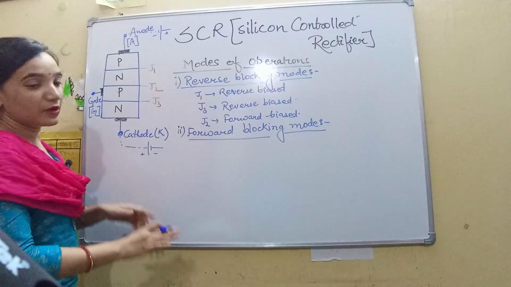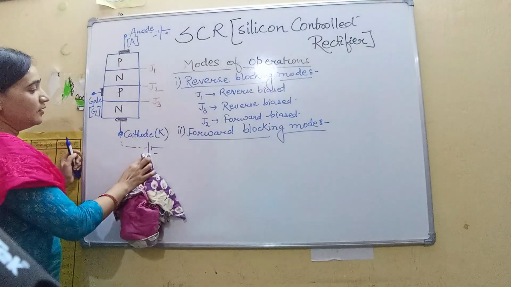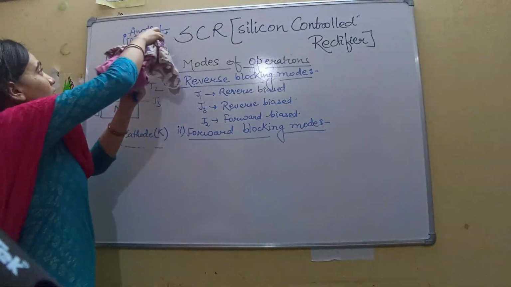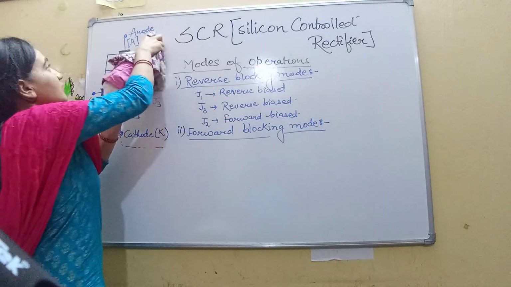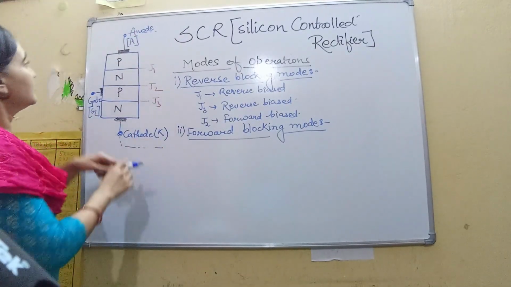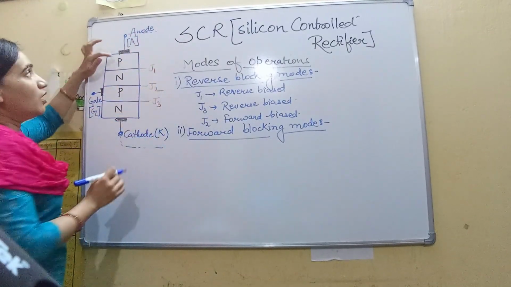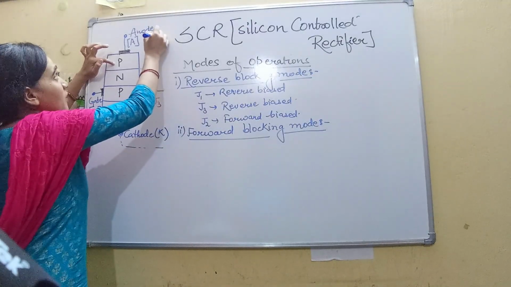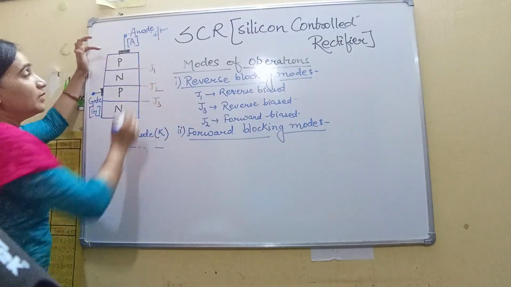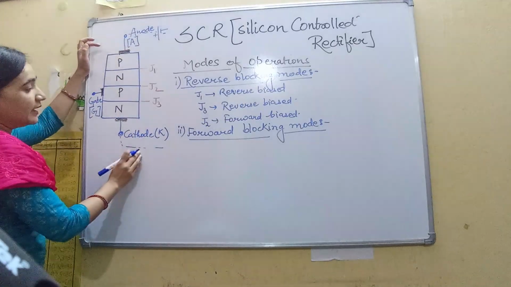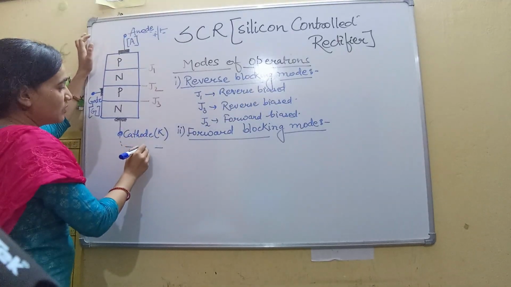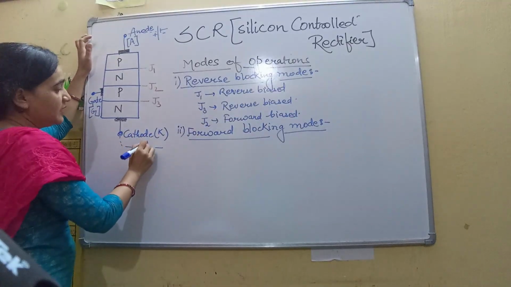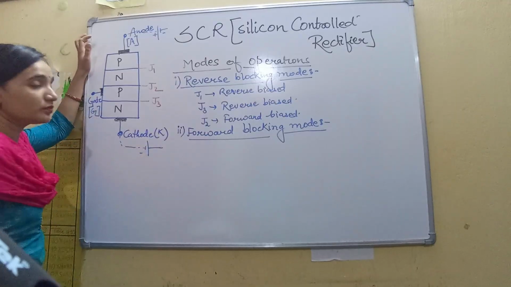In forward blocking mode, we will connect the anode of this SCR, the P side of the SCR, to the positive terminal, and the cathode, the N type of the SCR, to the negative terminal.